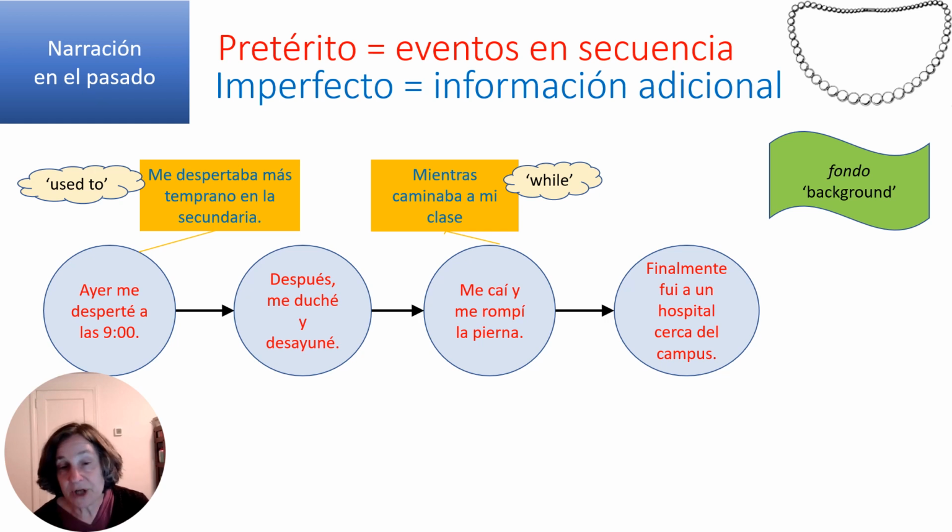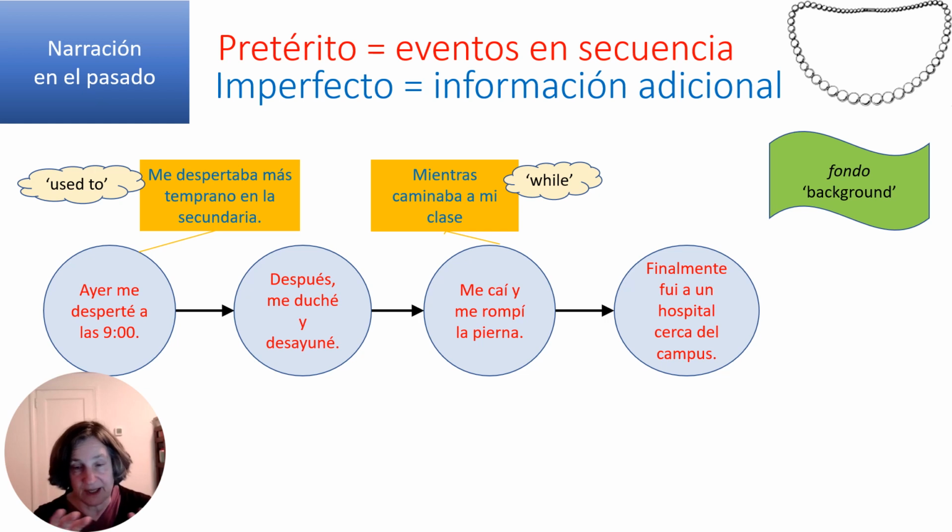Another type of background is introduced with the word mientras, meaning while, or sometimes cuando. And so when I say me caí, I fell down, I haven't said that it happened at a specific time or something. So if I want to give some background information about what was going on when I fell, I can say mientras caminaba a mi clase, while I was walking to my class.